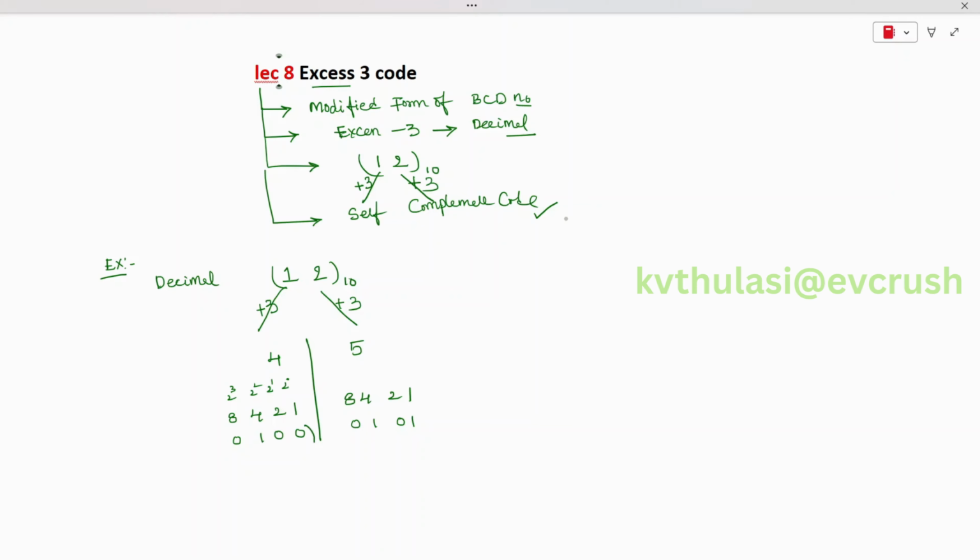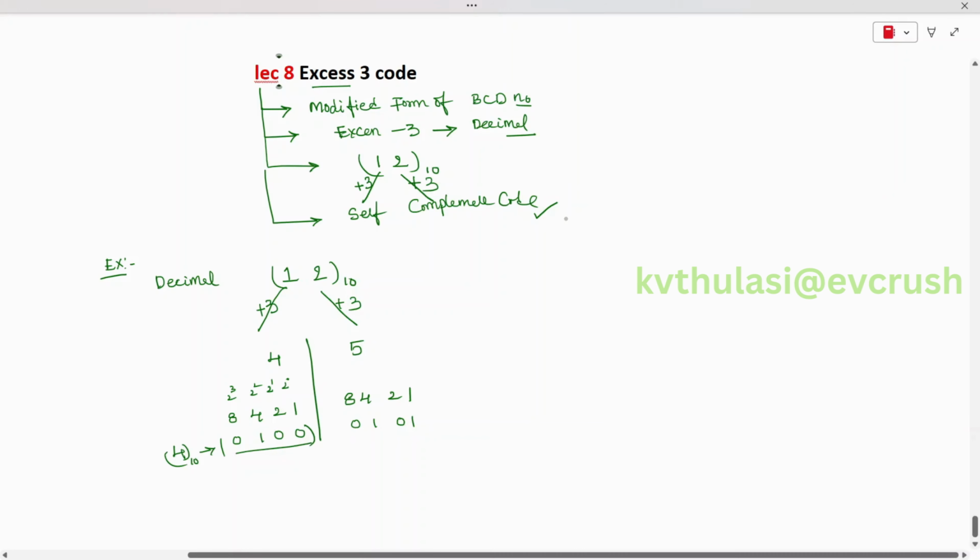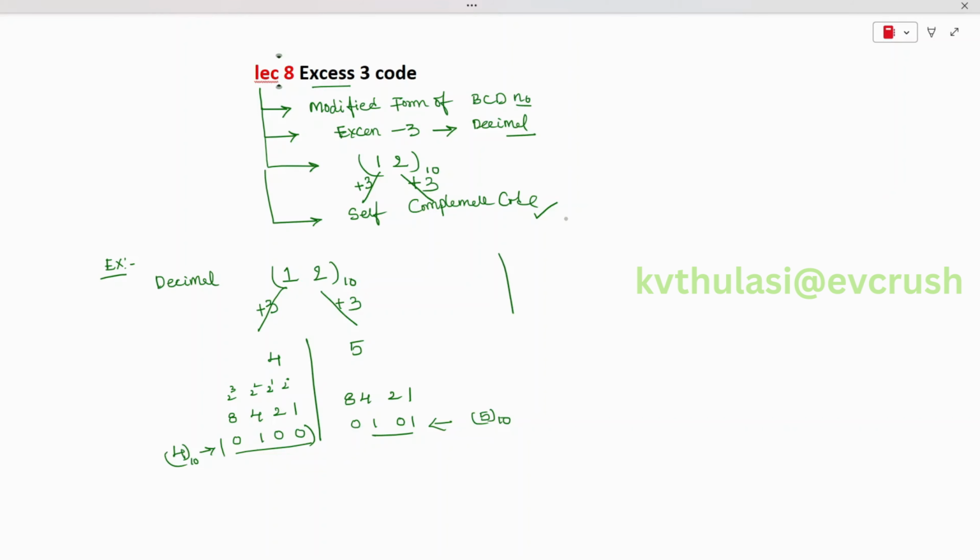So this is 4 to the base 10, which is nothing but binary coded decimal, and this is 5 to the base 10, the BCD code.